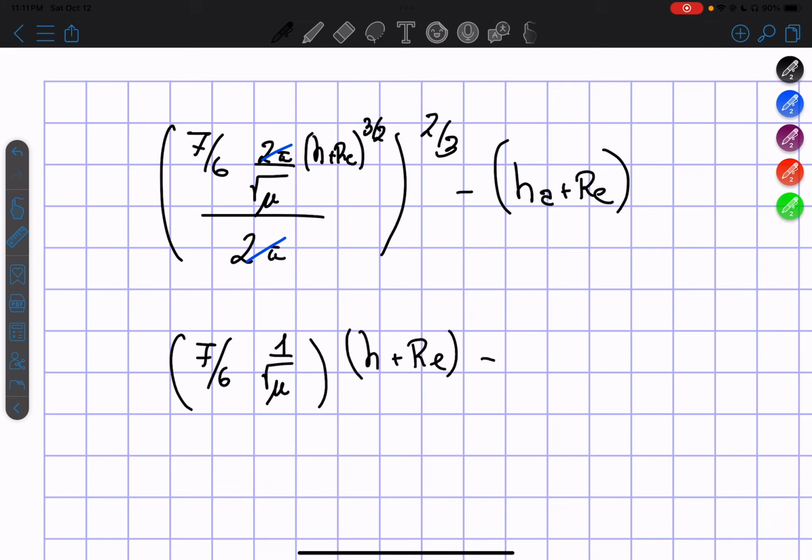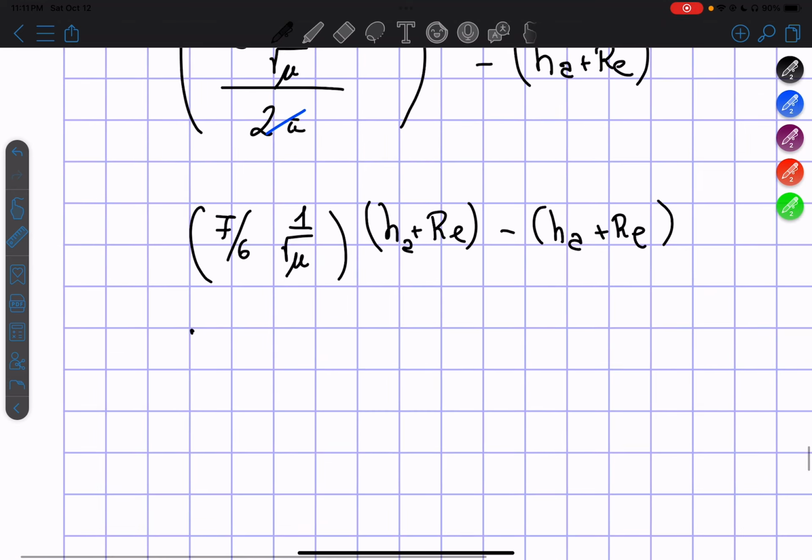Then we have minus ha, where this is altitude a, plus re. Now I can actually simplify further. I'm going to say it's equal to ha plus re times 7/6 to the power 1 over square root of mu minus 1.